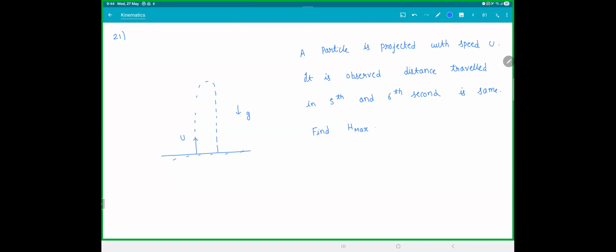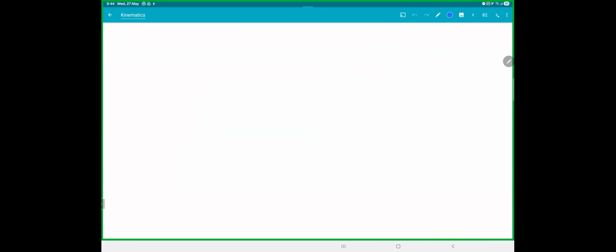So what is the idea there? Now let's think about this. Now see, there are only three possible scenarios here. Let's say if this scenario had happened while the particle is going up, what would have happened? As we go up, speed will decrease, means you will travel lesser and lesser distances.